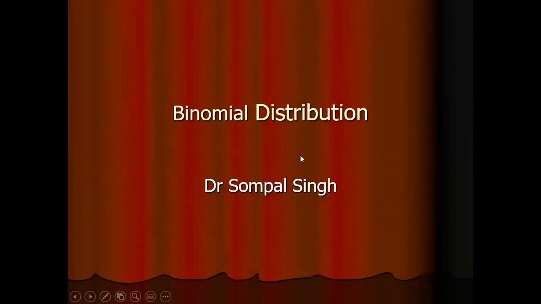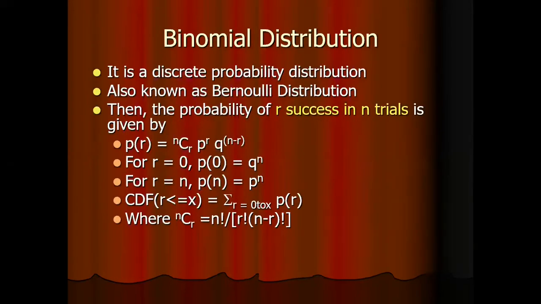Now we go on to second discrete statistical distribution, which is binomial distribution. So binomial distribution is a discrete probability distribution, which is also known as Bernoulli's distribution.